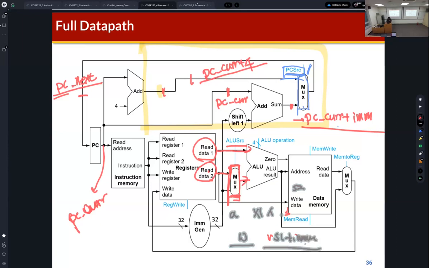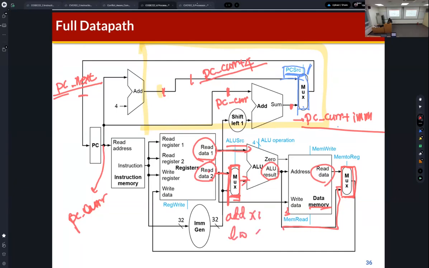Also, we can find another multiplexer here. Why? If you see this multiplexer, one of its inputs is from the data memory, and another input comes from the ALU result. Why? Consider add x1 or load word x1.